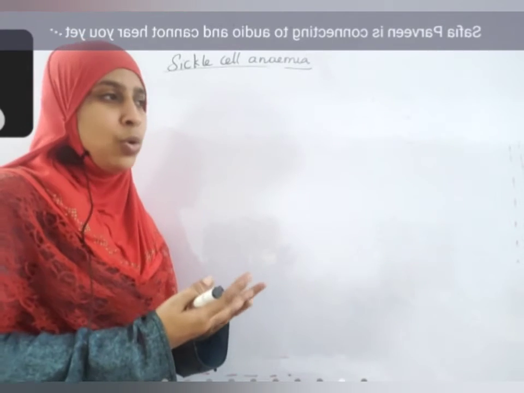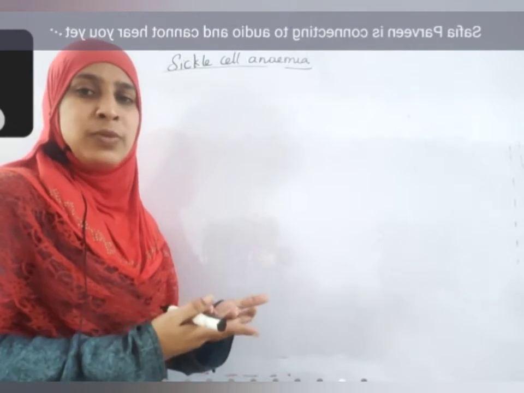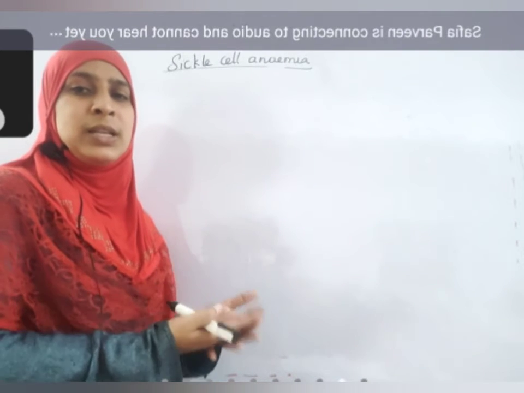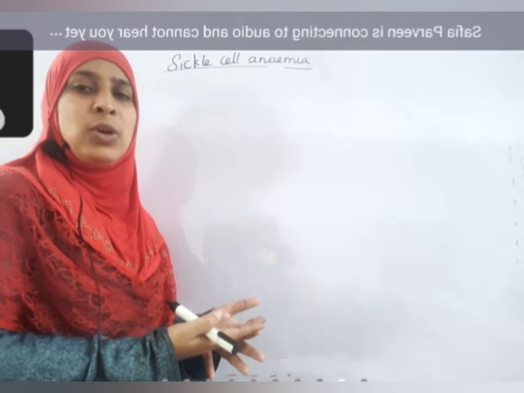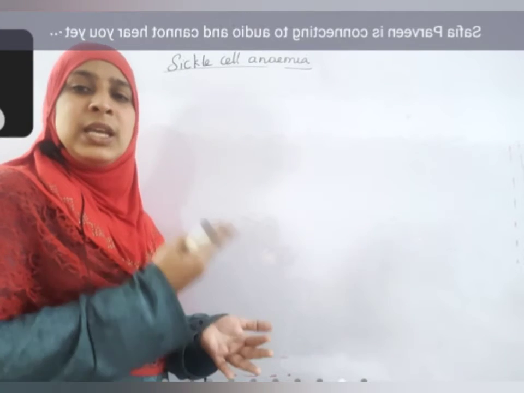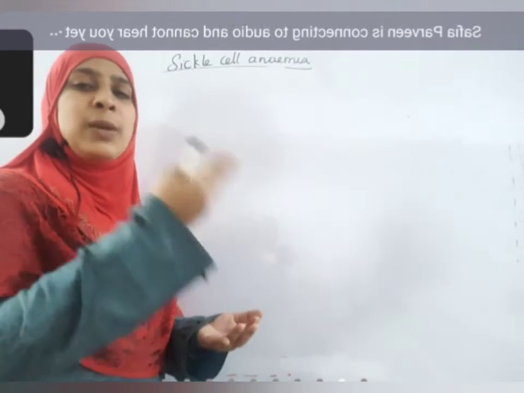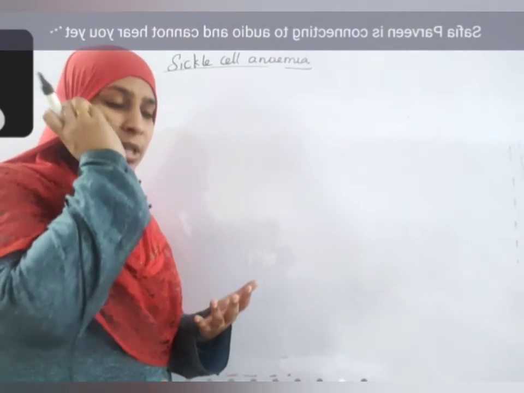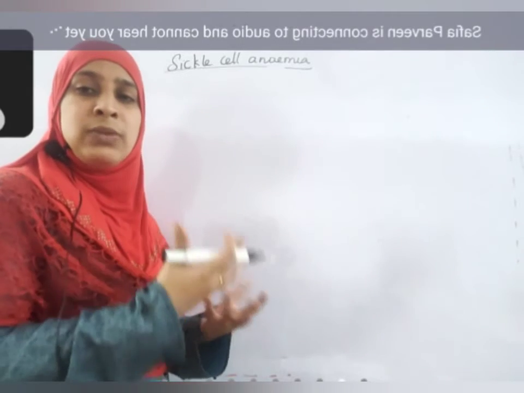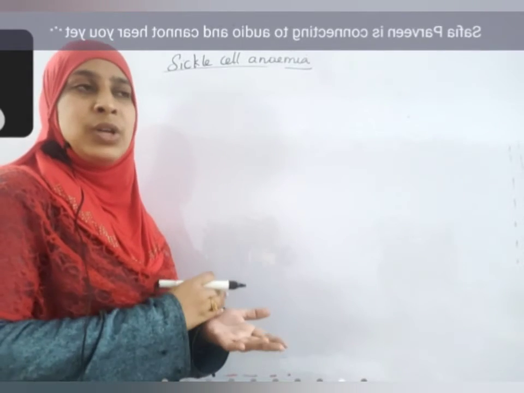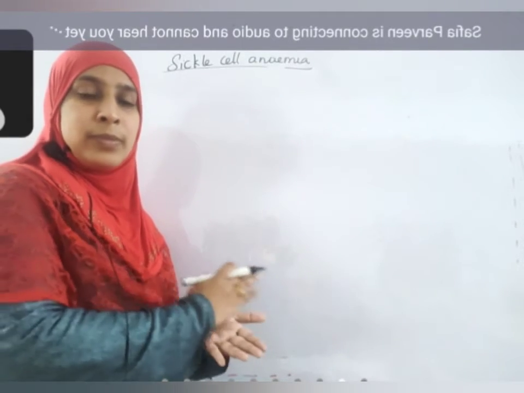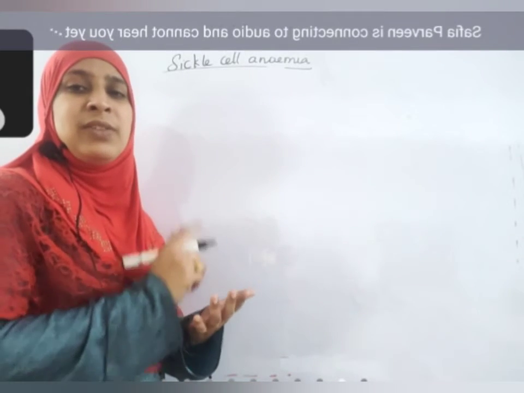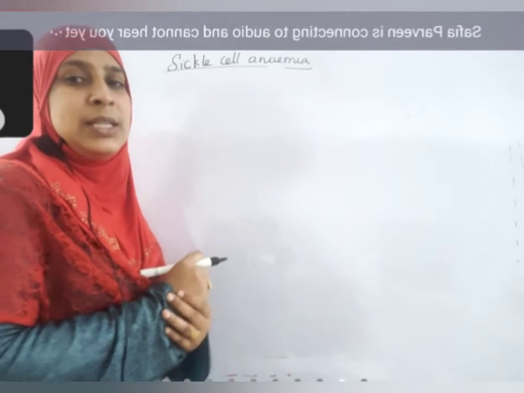Generally, when you go to a patient with some of these conditions, the doctor will say you're not eating food properly, that is why you're not having blood properly. That is only the doctor's first guess. Even after eating food continuously, if the patient keeps suffering from the same defects, then the doctor will do some blood tests. After different tests, such as DNA sequencing, it will be revealed that this person has sickle cell anemia.